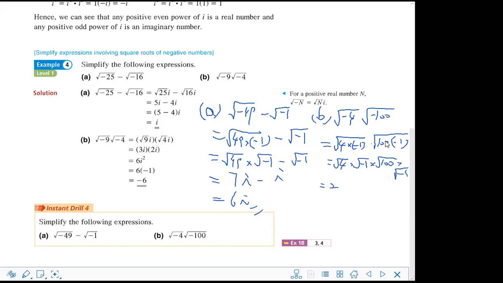So it is 2i times 10i. 2 times 10 is 20, and then i times i is i squared. But don't stop here, because you need to change the i squared to be negative 1. So it is 20 times negative 1. It becomes negative 20. So this is instant drill number 4.